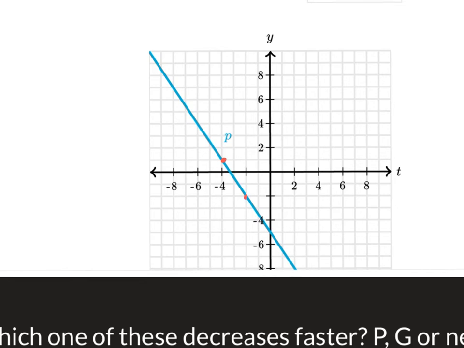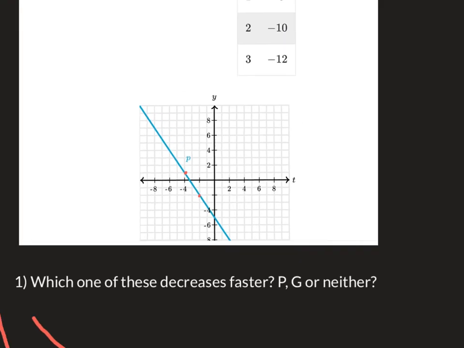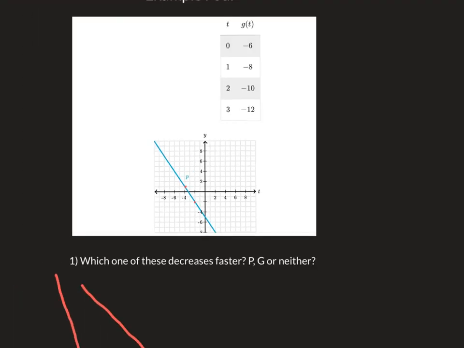We go down 1, 2, 3, and over 1, 2. So we go down 3 and over 2. So our slope of P is -3 over 2.